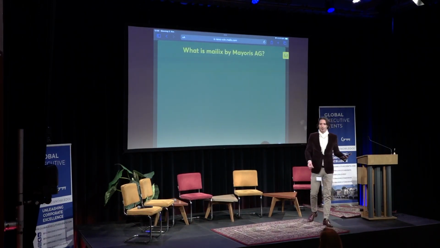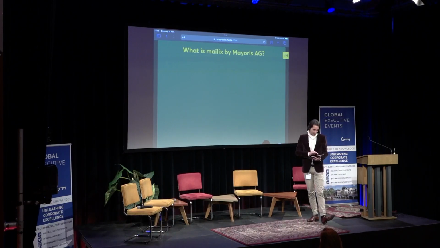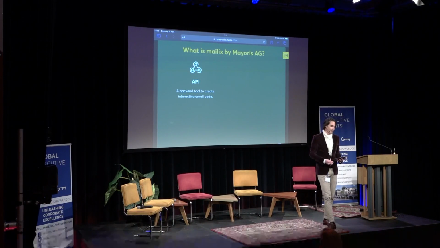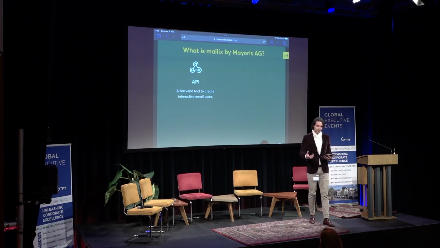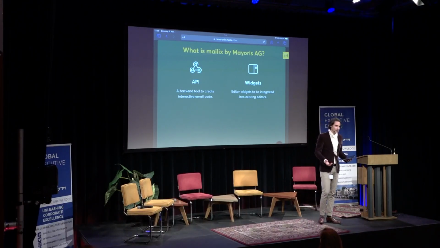So what is Mailix by Maioris? Mailix is a backend system, an API, a platform to build the interactive email code. We built the widgets to be integrated in other MarTech systems or to be used as a standalone editor and then take over the code.